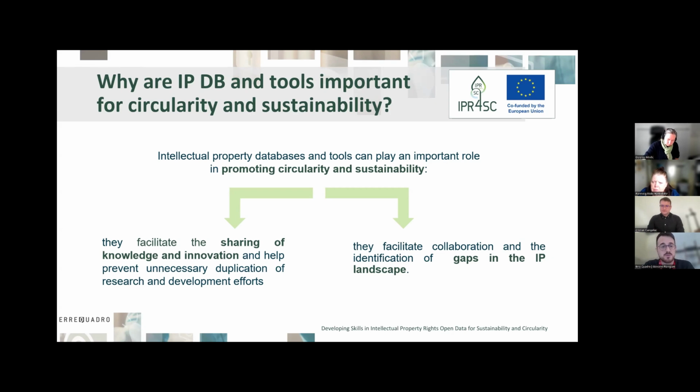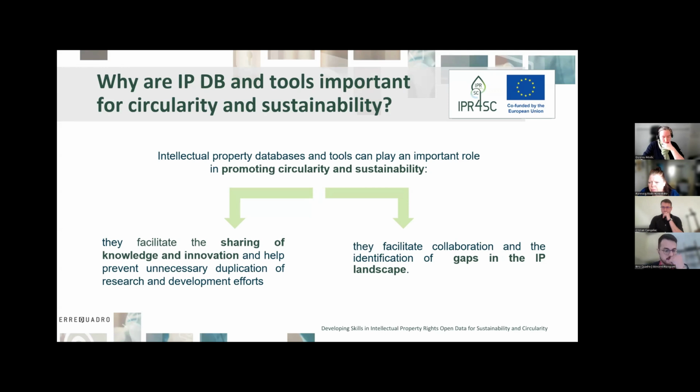First, the question that arises when we talk about sustainability, which is one of the core topics in our project, would be what's the relationship between intellectual property rights, tools and databases with circularity and sustainability.